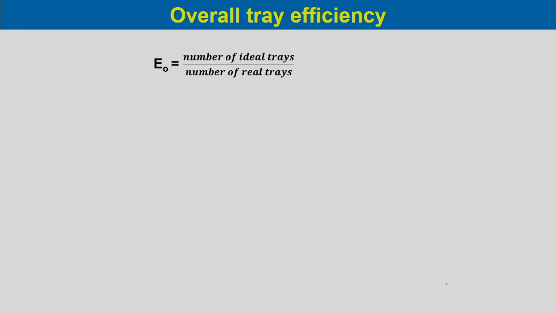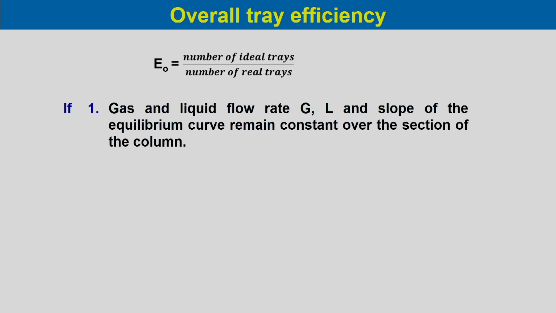So, overall tray efficiency EO is the number of ideal trays divided by the number of real trays. If the gas and liquid flow rates G and L and the slope of the equilibrium curve remain constant over the section of the column, EMG remains the same for all trays.